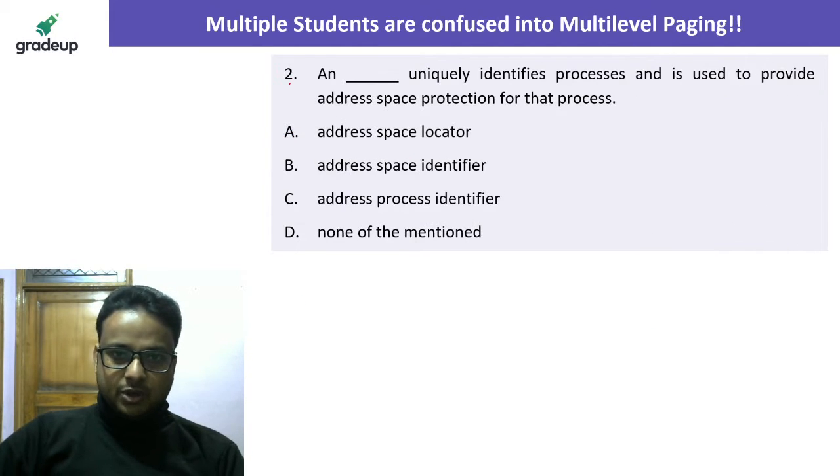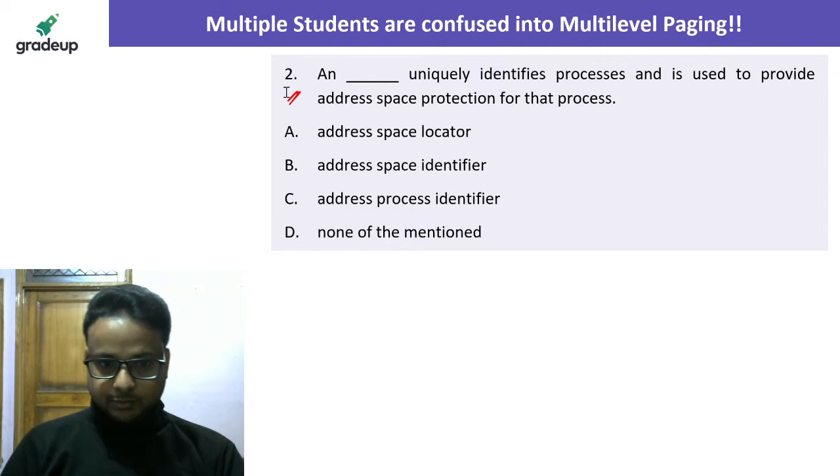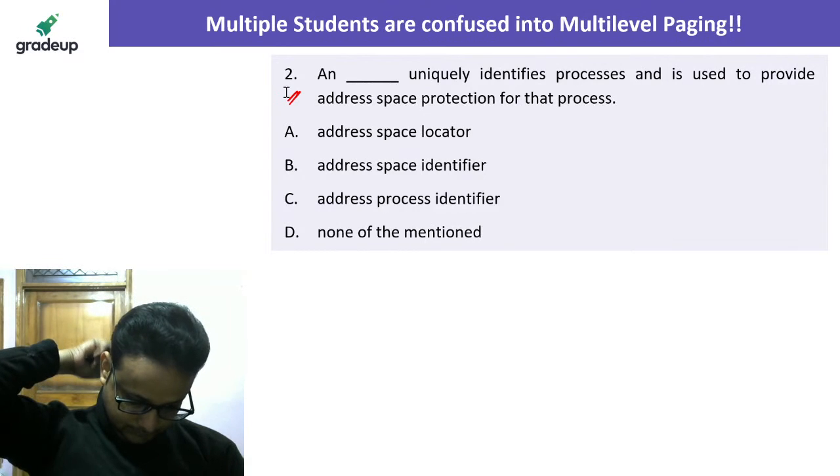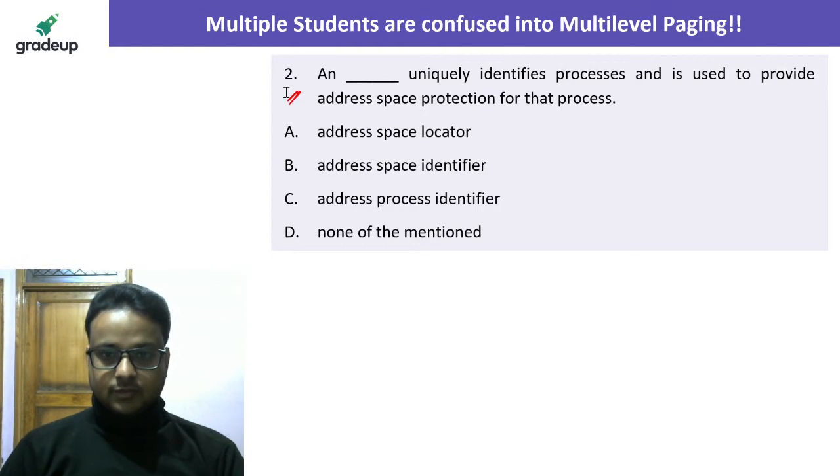Here is question number 2. Tell me the answer. In this question, dash uniquely identifies processes and is used to provide address space protection for that process.